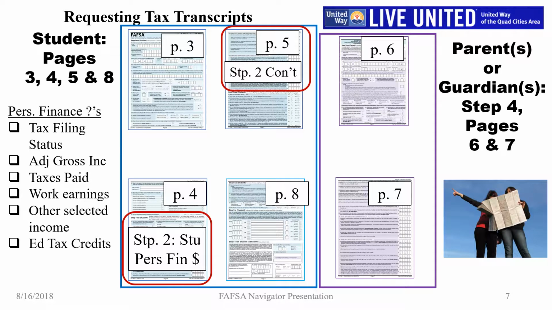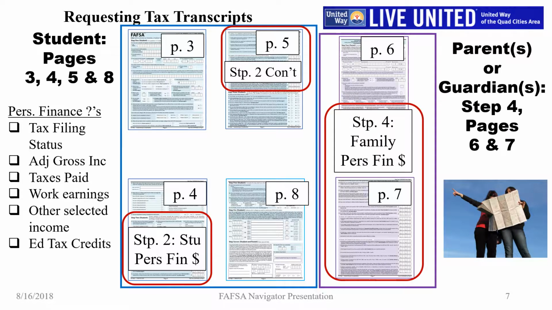The student answers at step 2 on pages 4 and 5. If parents or guardians are involved in the application, then their answers are at step 4 on pages 6 and 7. So you do need recent tax filing and personal financial information.